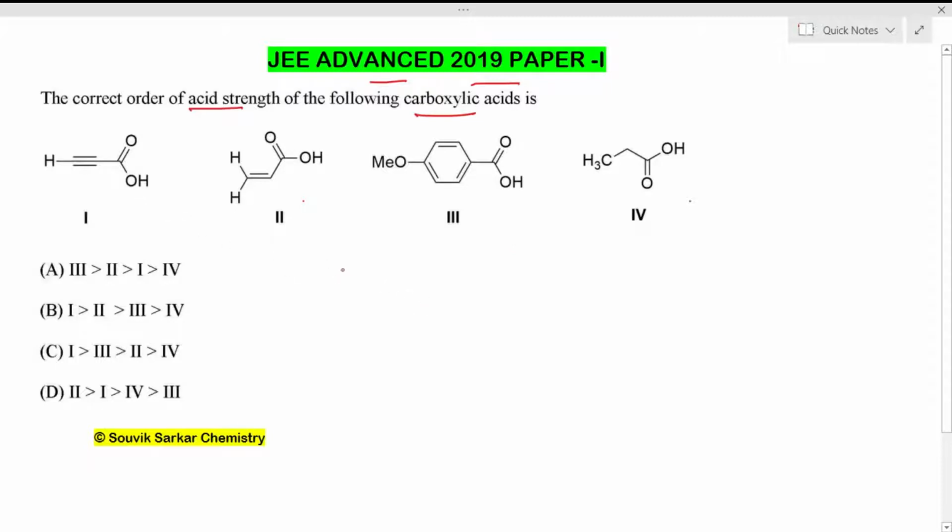The first acid will produce this conjugate base, the second one will produce this conjugate base, the third one will produce this one, and the fourth one will produce this one.